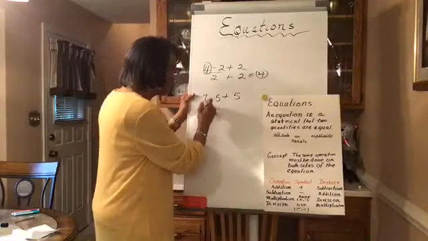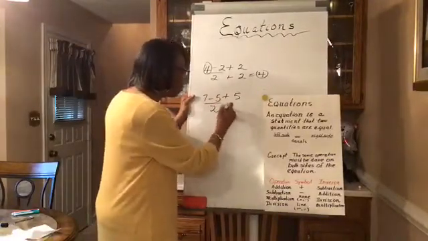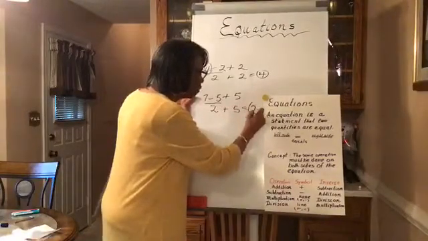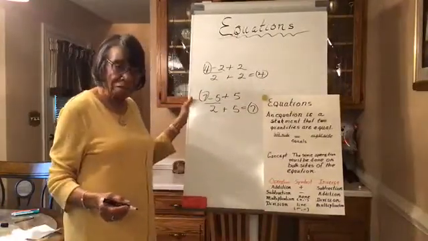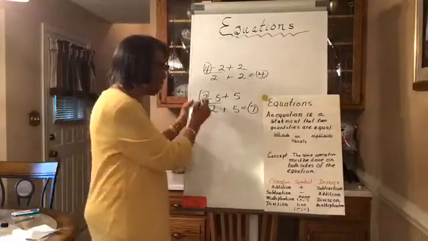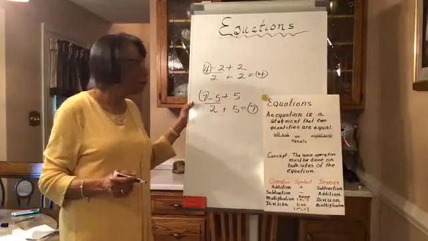Let's see. 7 minus 5 is 2. And 2 plus 5 is 7. So here we are again. When I subtract a number and then add that same number, I get the number I started with. And you're going to see why that's important in a little while.